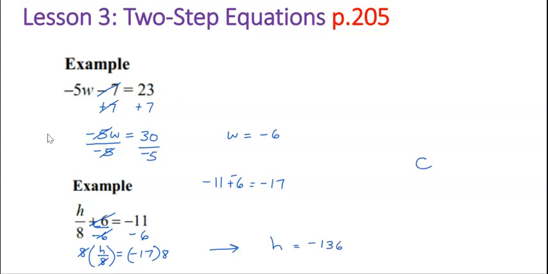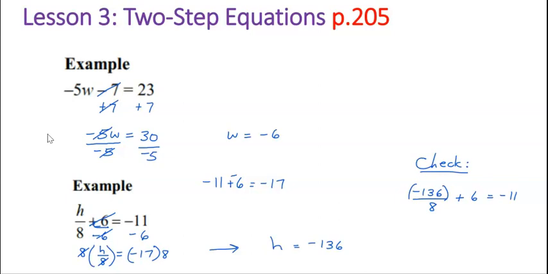Let's do a check here. Remember, you can check in the original equation. I'm going to take negative 136 over 8 plus 6 is equal to negative 11. I'm going to take my calculator and work that out and see if that works.